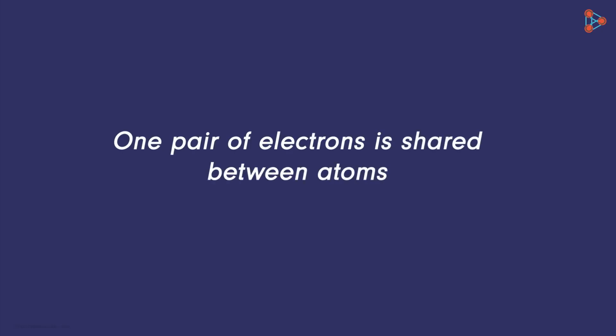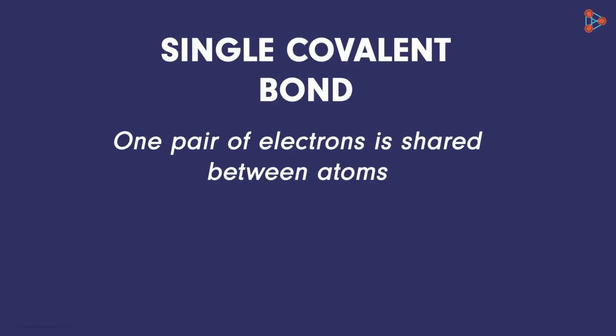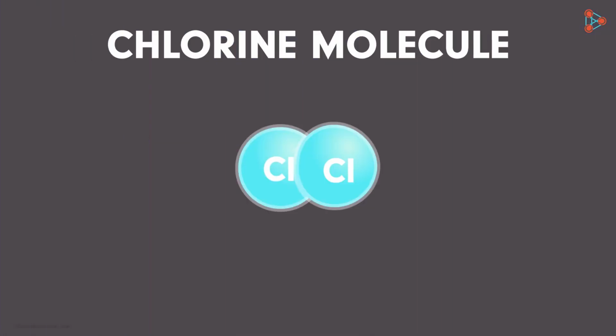Such a type of covalent bond where 1 pair of electrons is shared between the atoms is called a single covalent bond. It is denoted by drawing a single line between the 2 atoms. A simple example that explains this type is the formation of a chlorine molecule. How do you think this molecule was formed?